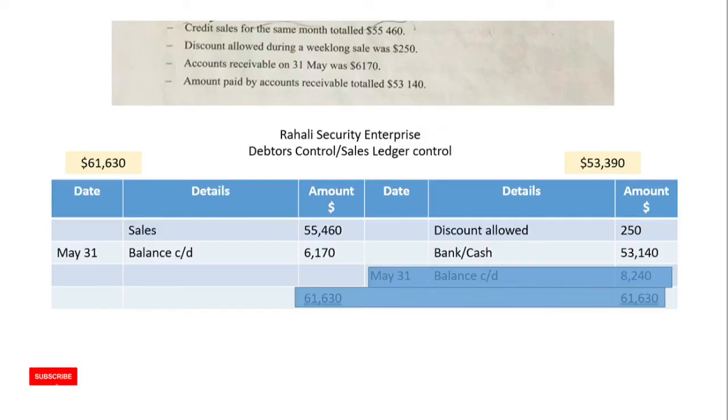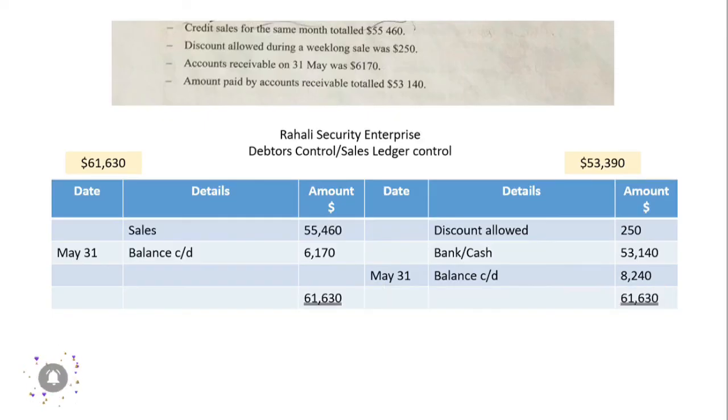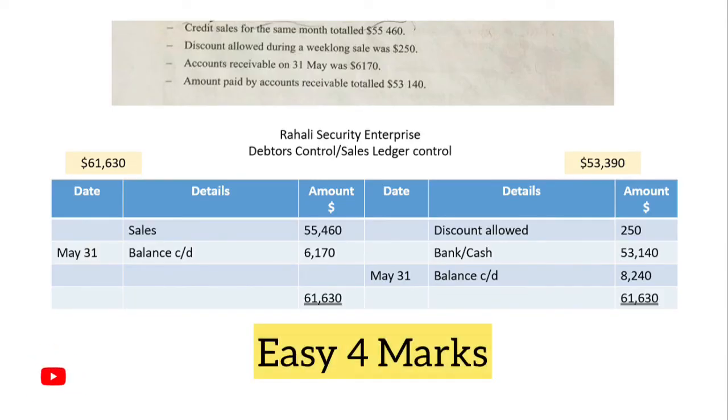So I would subtract the 53,390 from the 61,630, and I would get 8,240, which is to be inserted on the side that has the smallest amount, which is the credit side. And so the sales ledger control is balanced off at 61,630. That is the total on the account, and that is easy, 4 marks.